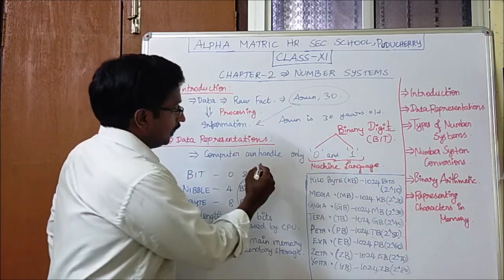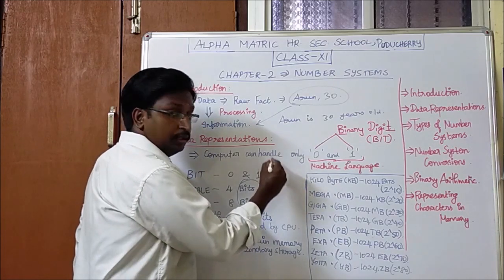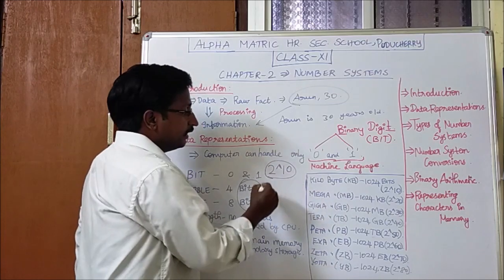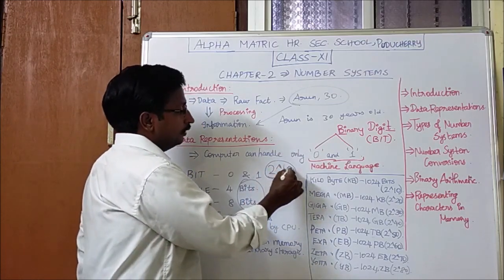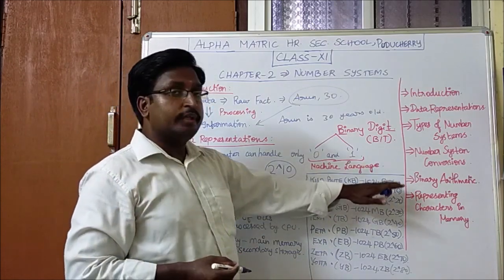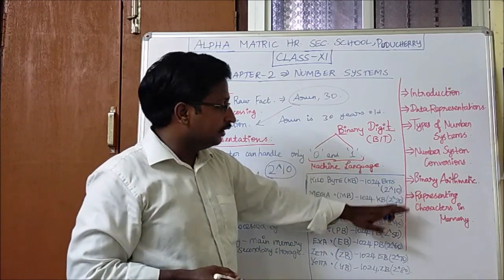We write this using the cap operator, that is the cap symbol, and we read it as 2 power 10. Starting from kilobyte, that is 1024 bytes, it goes on increasing.